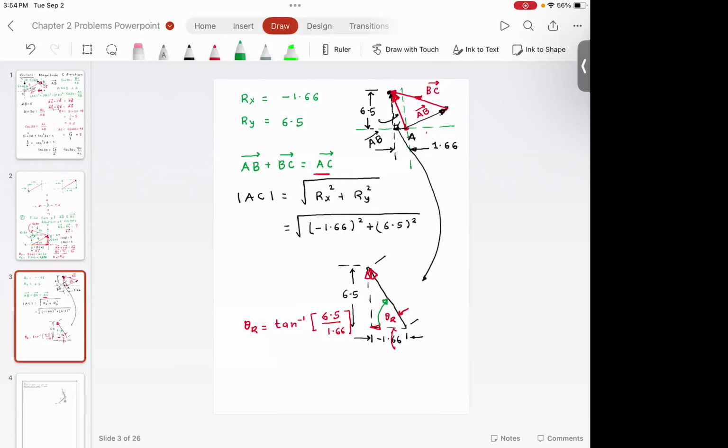And if you want to find out the magnitude of the resultant, use the Pythagorean theorem. Take the tan inverse of Ry by Rx, and that gives you the angle made by the resultant. Everyone understood this? Any questions here?